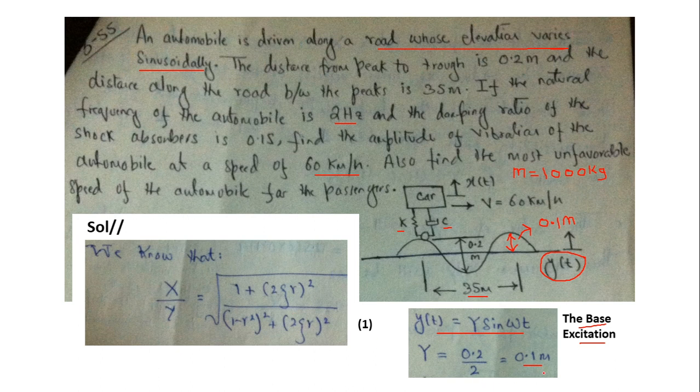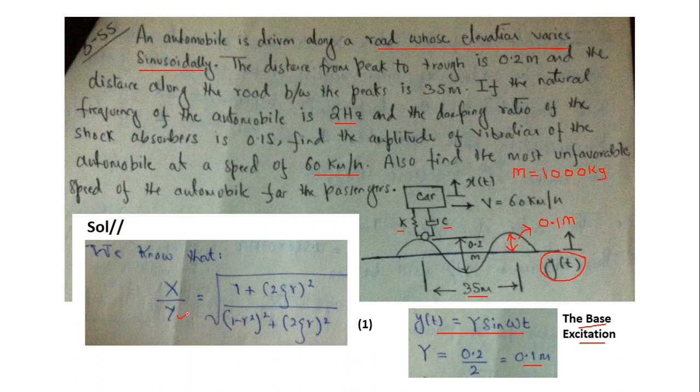Therefore, we say that the amplitude of the base excitation in this problem is 0.1 meter. Now, the Y we have calculated from this figure and from the data given in this problem. Since y(t) was a sinusoidal function, that is Y sine omega t, this Y comes out to be half of 0.2, which is 0.1 meters.